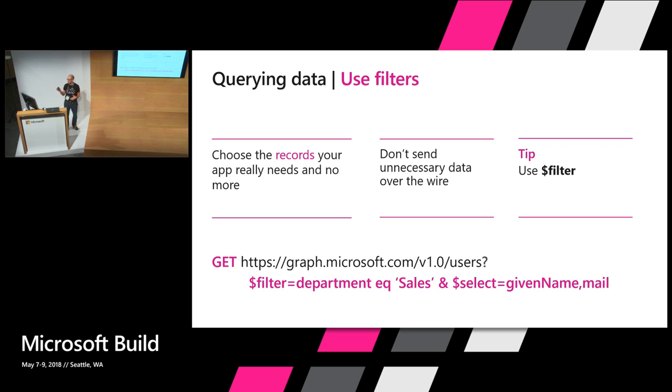So here we're getting not only the columns we want, but only the users that are in the sales department. In general here, we're saving on computational load where we have to serialize and deserialize less data, both in your client and actually up in our service, which means that the service will run much more efficiently. And so will your app.